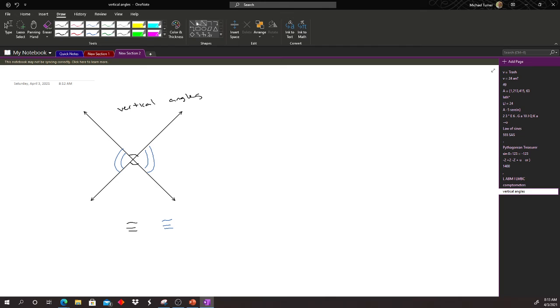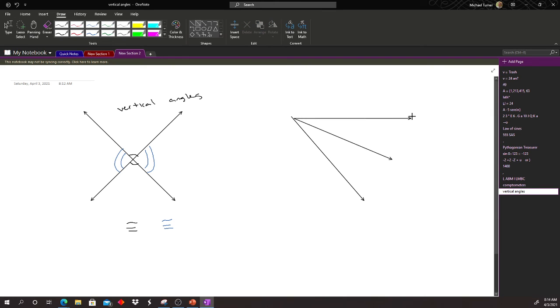They don't have to be complementary or supplementary, but any angles that are next to each other, for instance these two, are referred to as adjacent angles.